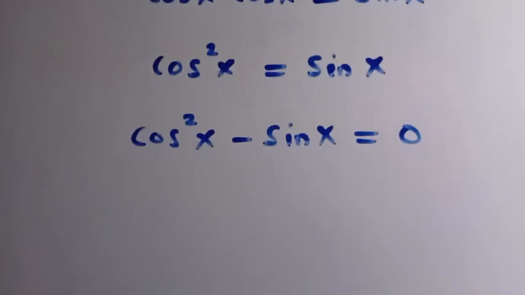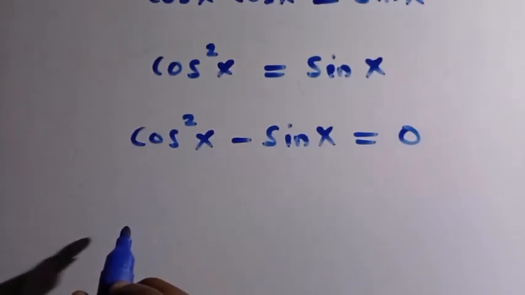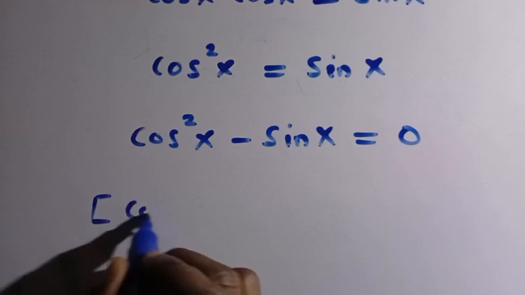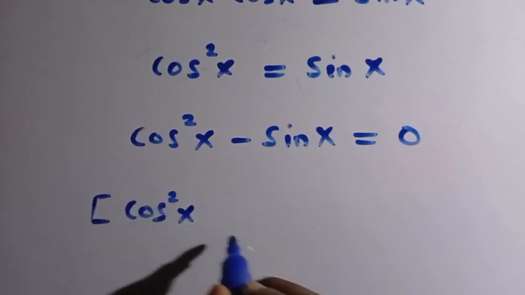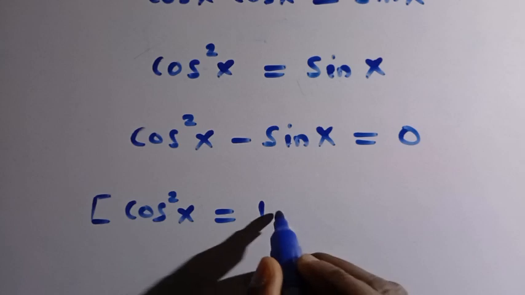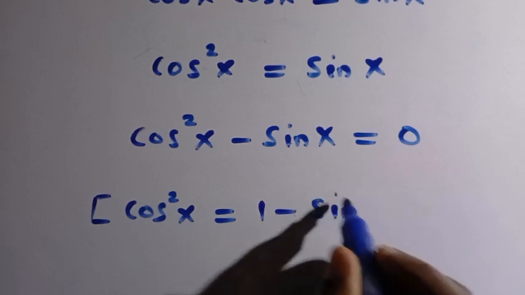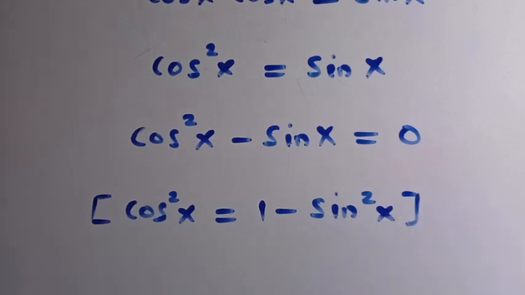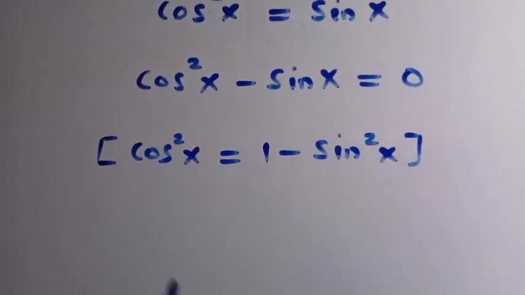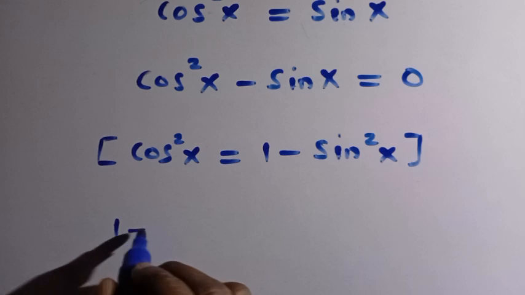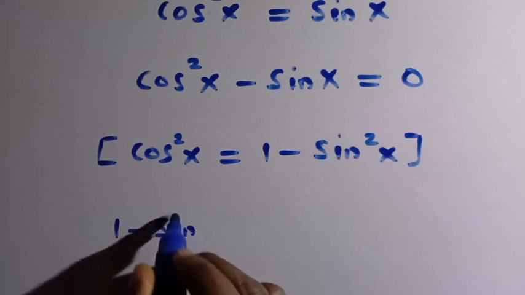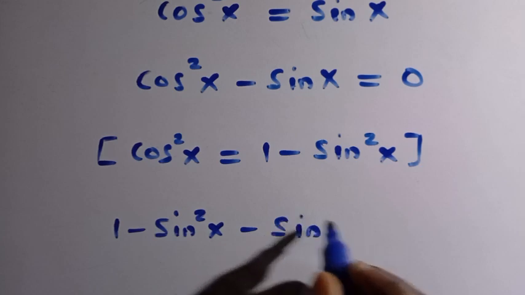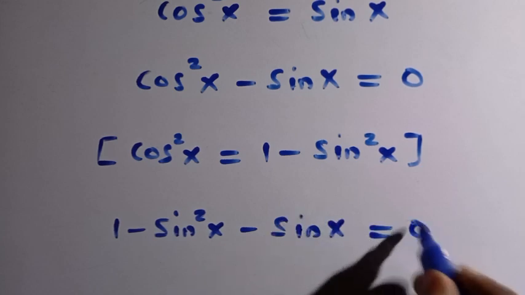But we have to note that for every cos square x, this is the same thing as 1 minus sine square x. So by taking this identity, we replace it and have 1 minus sine square x minus sine x equals 0.